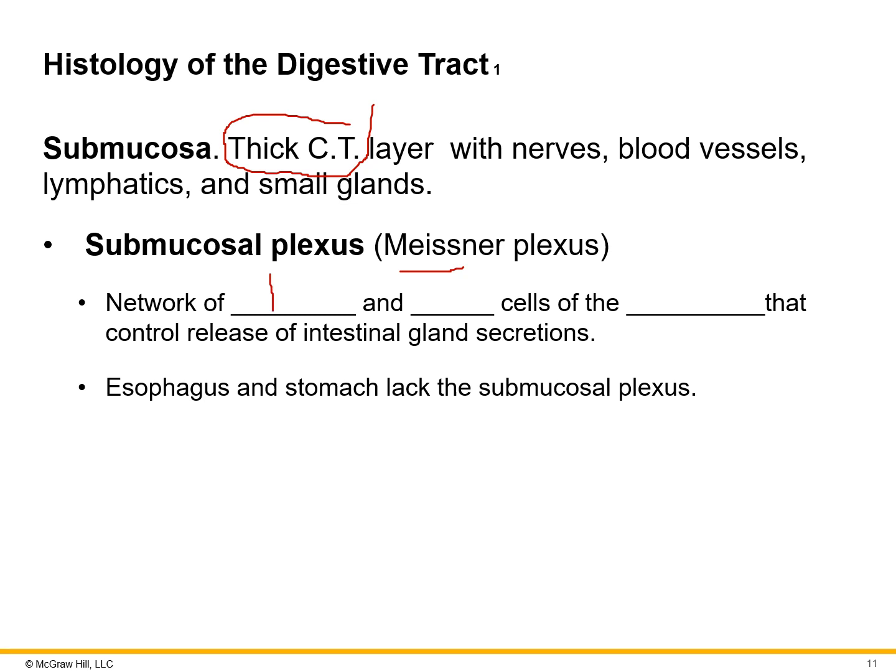So it has neurons of the enteric nervous system, and it has glial cells that control secretions of enzymes, or secretions of the intestinal gland, into the lumen. Now, one interesting detail to note here is that the esophagus and the stomach lack the submucosal plexus. The submucosal plexus is seen in all other areas except the stomach and esophagus.